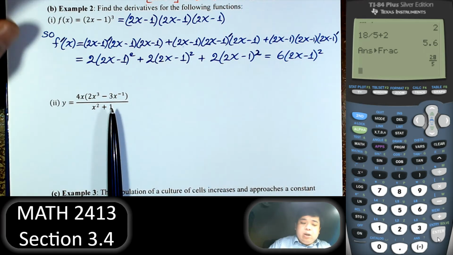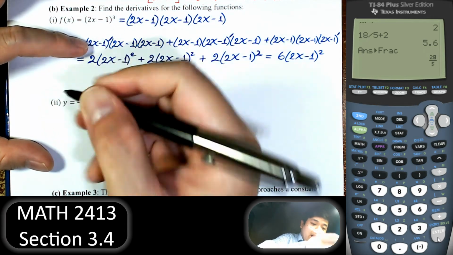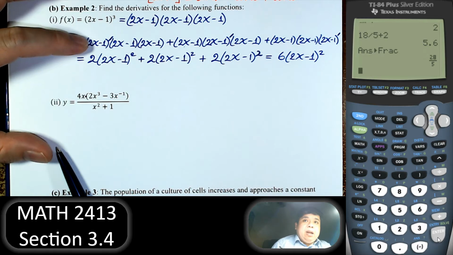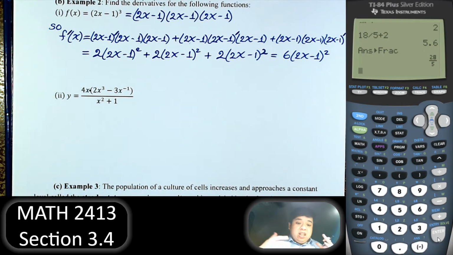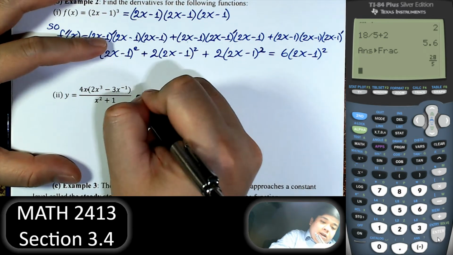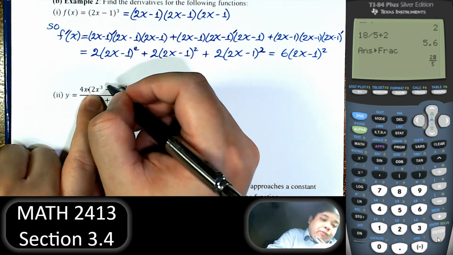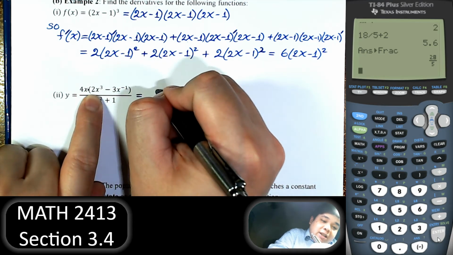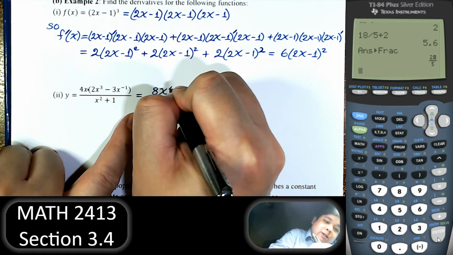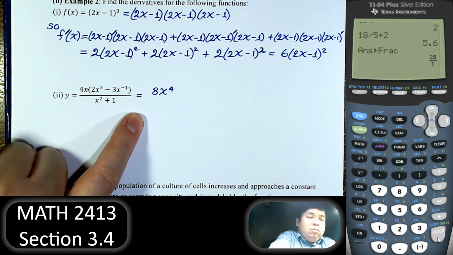Right. Next, how about when we take the derivative of something like this? Notice that the first thing we have is the product, and then of course the quotient. But if we can simplify the problem, do that, and I will do just that. I will multiply it out first. 4x times 2x cubed gives us 8x to the 4th power, right?